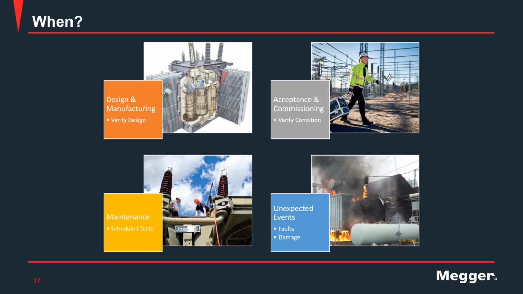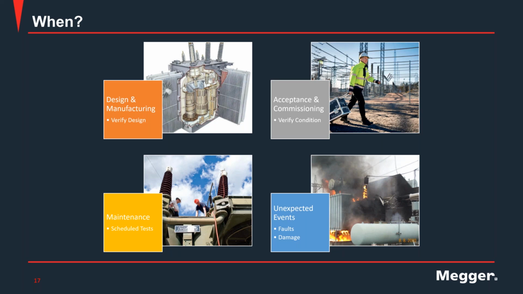So through the manufacturing process, there are many stages where you will perform TTR. Very important test. Then we go to acceptance and commissioning at the lab, and when the transformer reaches the final destination where it will be commissioned, TTR will be essential to perform.